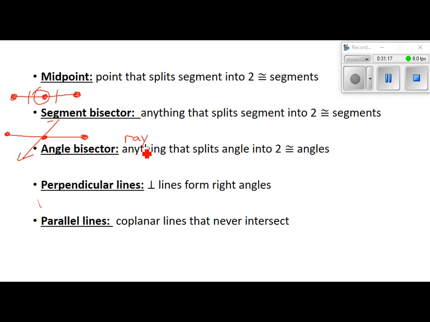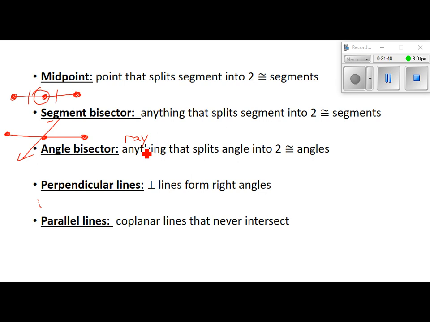Parallel lines: what's the key word in that parallel lines definition that I gave you? Coplanar. What's coplanar mean? Same plane. How come we need to know that? Because the definition you had in the past was two lines never intersect. These two lines never intersect.